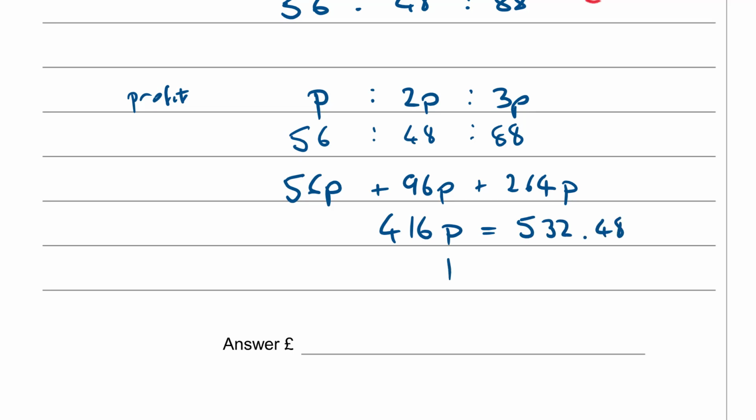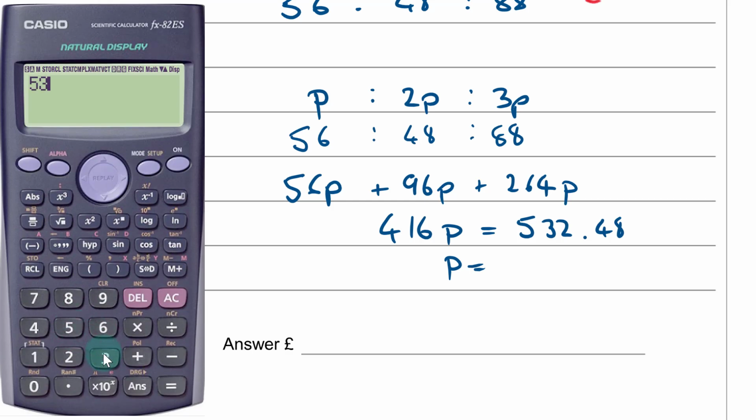So one p is going to be 532.48 divided by 416, which is £1.28.